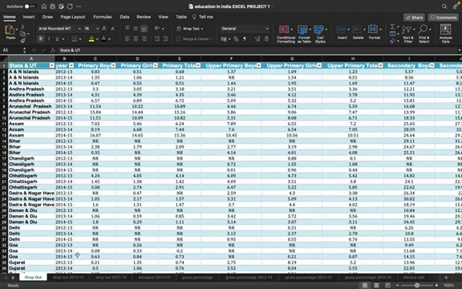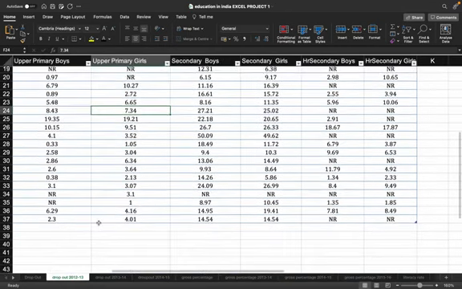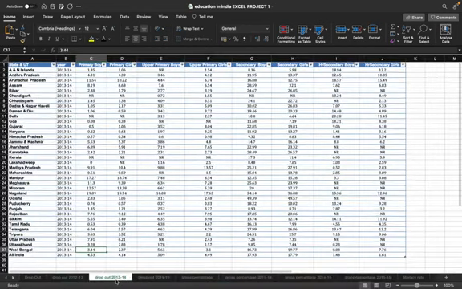Next, we are going to see about the dropout from 2012 to 2013. Next, the dropout between 2013 and 2014.